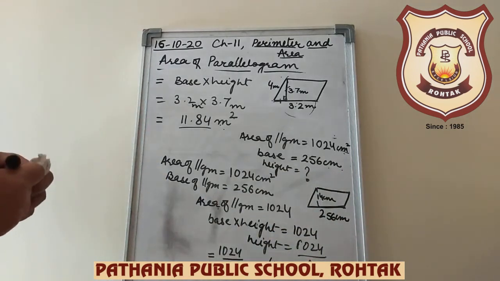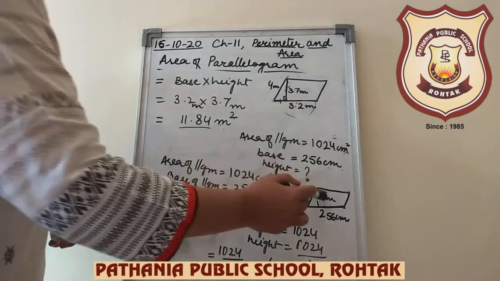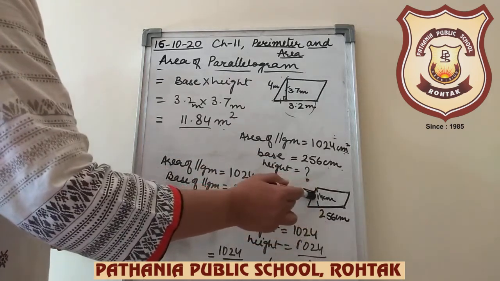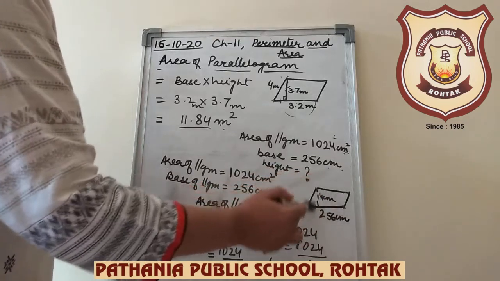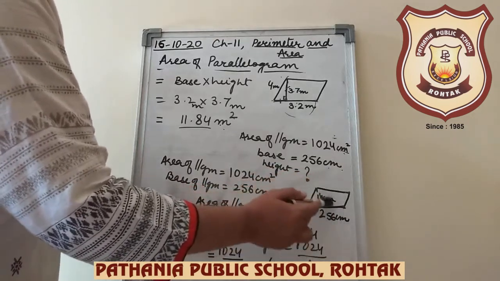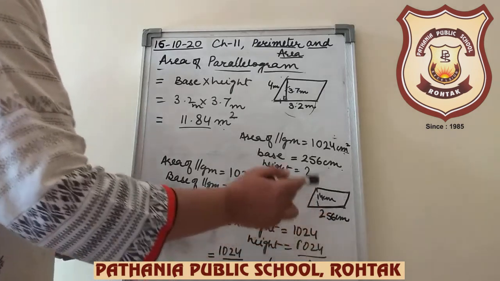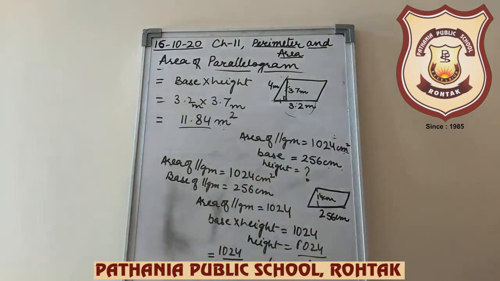Understand? So this is a very important thing, how to identify which set is complete. And if I give you that this height is given, find the length of the base, once you get the area, when these two things are given, with this you will find the area, and again you will divide that area by the height, it will give you the base.